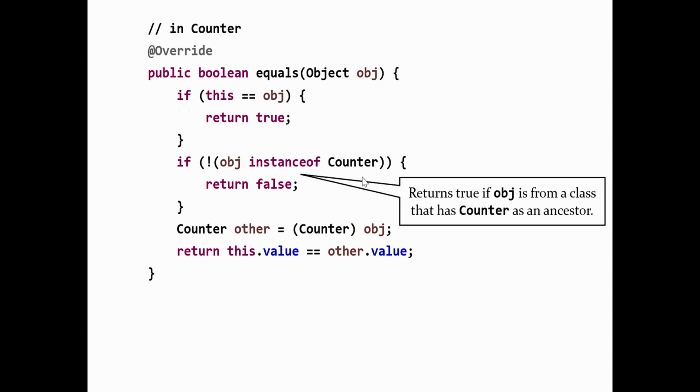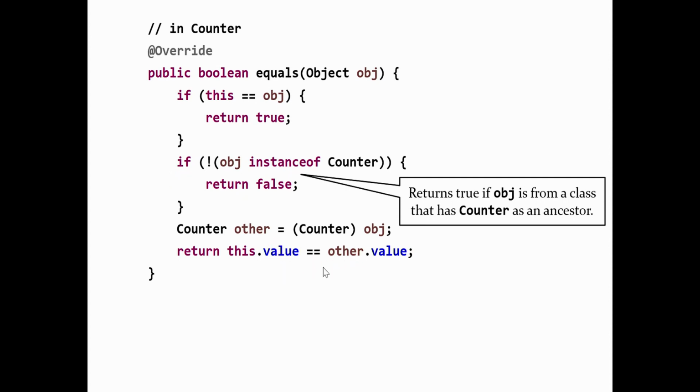Now remember what instanceof does. instanceof tests: is that a Counter or any subclass of Counter? So if obj is a StoppingCounter, then instanceof returns true. If obj is a ThrowingCounter, instanceof also returns true. And so this lets us get past this if statement in order to compare two counters by their value.